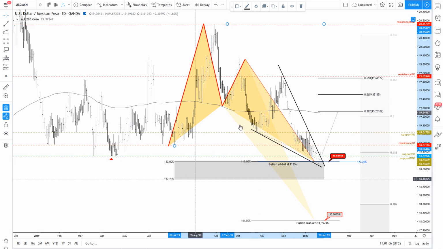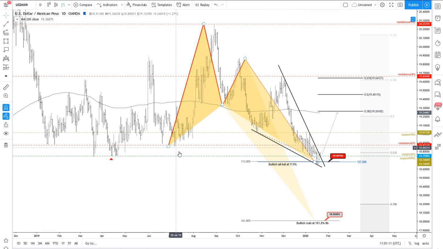That is the completion point for the alt-bat pattern. In this case, this is a bullish bat.